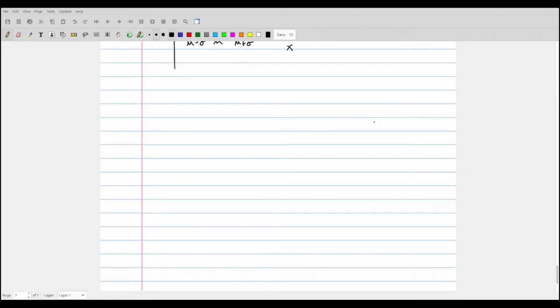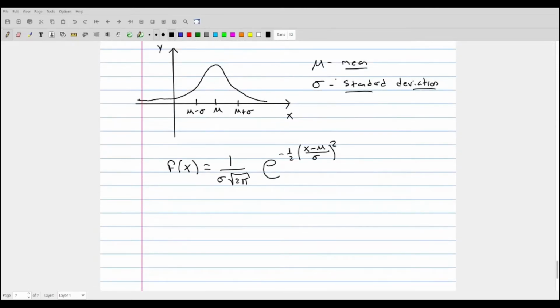The probability density function for the normal distribution is the following function: 1 over sigma times the square root of 2 pi times e to the negative 1/2 times (x minus mu over sigma) squared. A curve with this shape gives us exactly this bell curve.